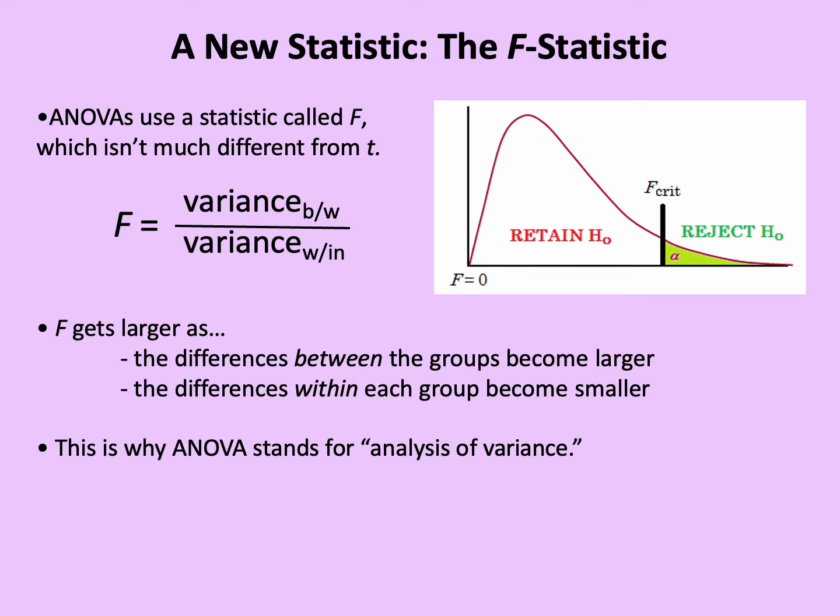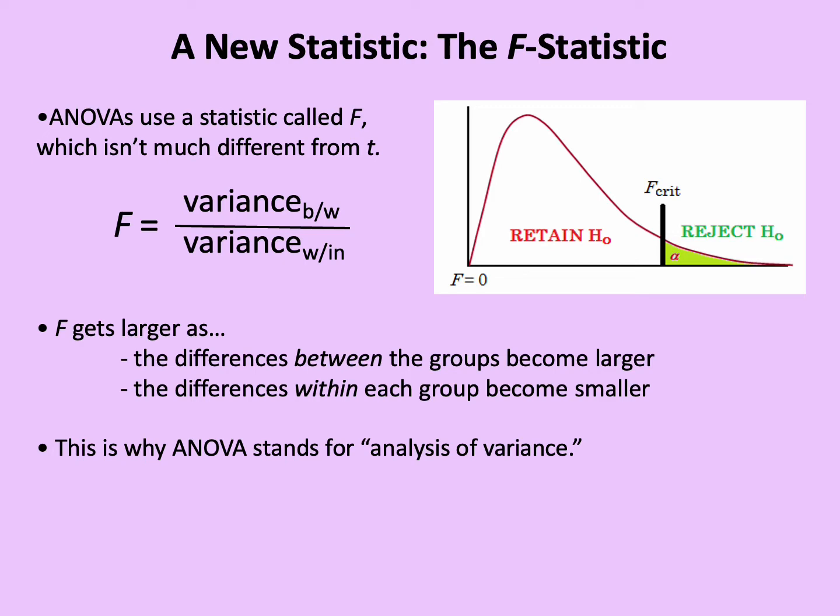And we find that our F value gets larger, because of this formula, obviously when the differences between groups get larger, but also when the differences within groups get smaller.